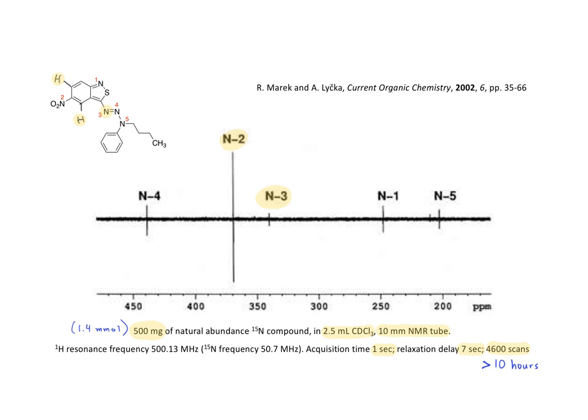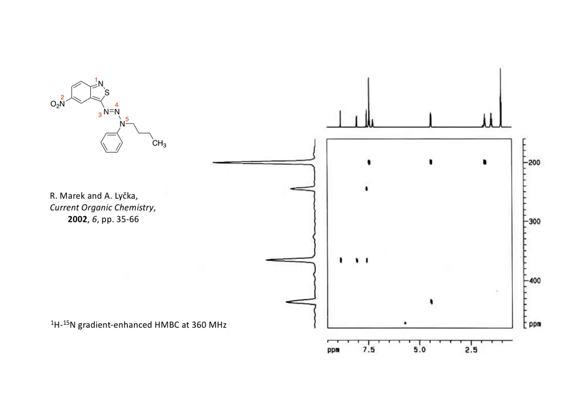In contrast, the proton nitrogen-15 heteronuclear multiple bond correlation experiment on the same compound can help us to assign all of the nitrogen atoms based on correlations with protons.